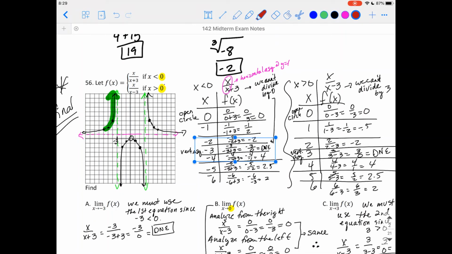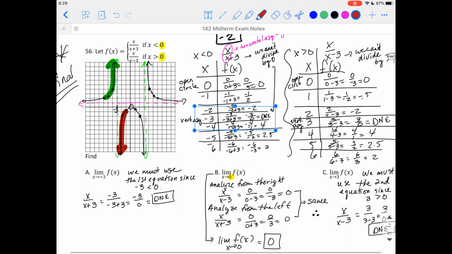The closest right part of the graph at x equal to negative 3 is this part right here, and it's going this way. So if you notice, they're not merging at one point, they're not headed in the same direction. So that's why the answer to part A graphically is it does not exist. So we just verified this answer right here.